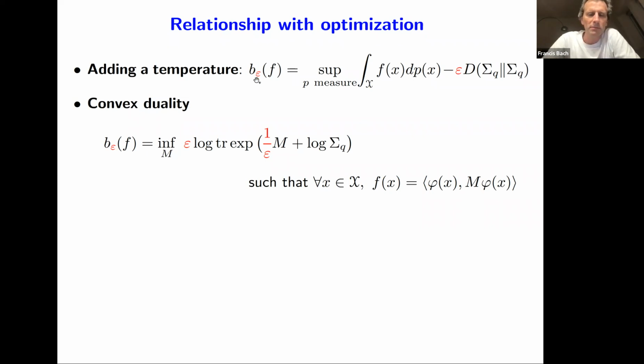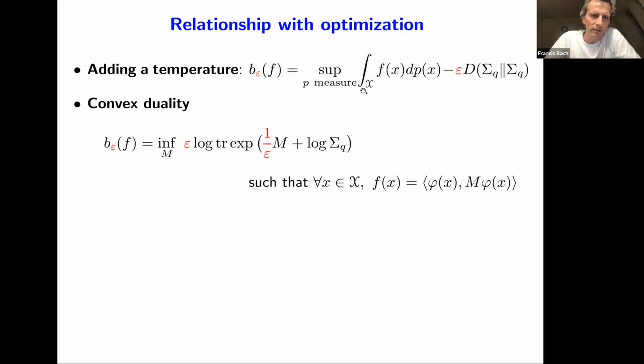So I'm going to add some temperature epsilon. Just take the exact same Fenchel conjugate, but adding some epsilon. The effect is known: you obtain a somewhat perspective-type behavior when you take convex duality and you obtain a log-sum-exp, classically with matrices.